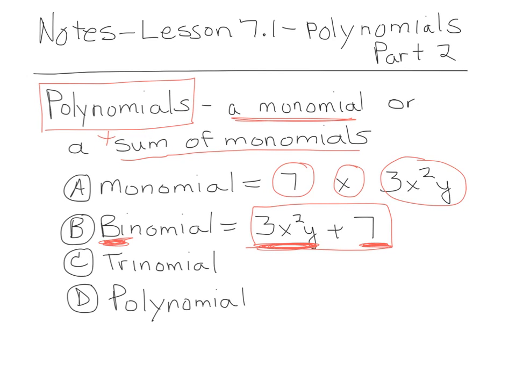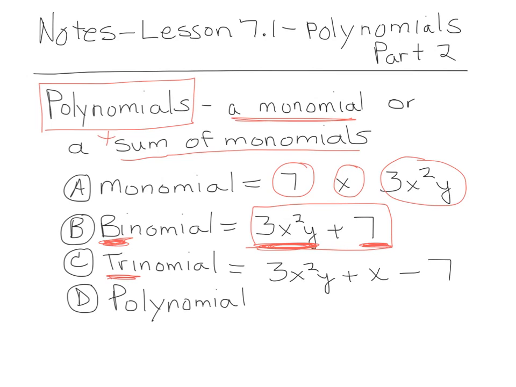You could have a trinomial. Tri means 3. So a trinomial would have 3 monomials added together. It could also be subtracted because remember, subtraction, you could add the opposite. So a trinomial might be 3x squared y plus x minus 7.